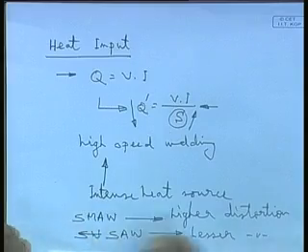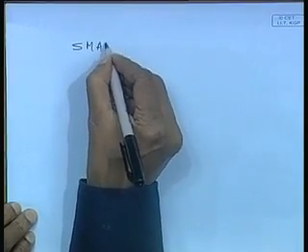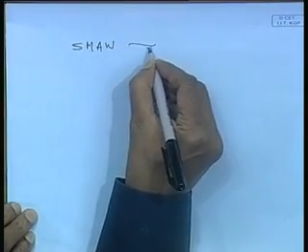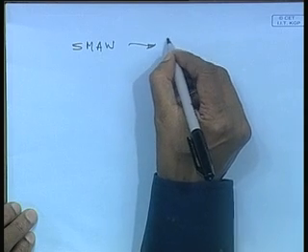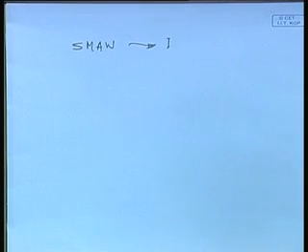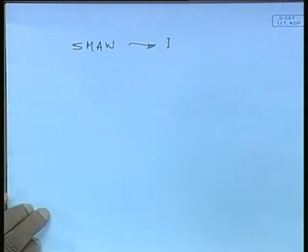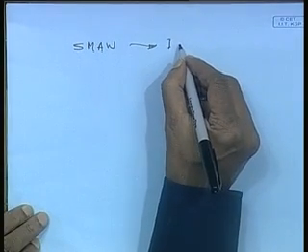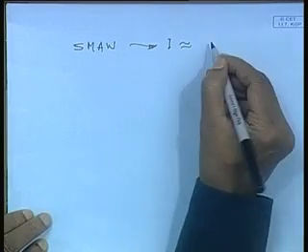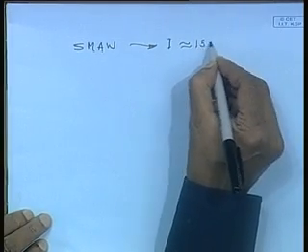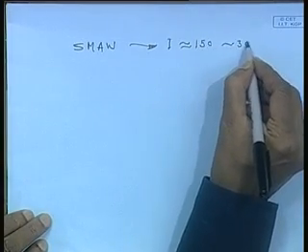Because, well, if you see, this shielded metal arc welding, which is a manual process, here the current level would be of the order of, say, well, around 150 to about 300 amperes.